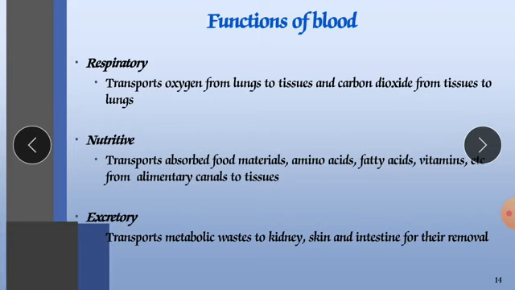Next are fatty acids. They are also required for development of our various nerves. They are also required for development of our various hormones, enzymes, vitamins, etc. From the alimentary canal to the tissues: from mouth to our anus, that whole canal is called the alimentary canal, and it is also called the gastrointestinal tract.